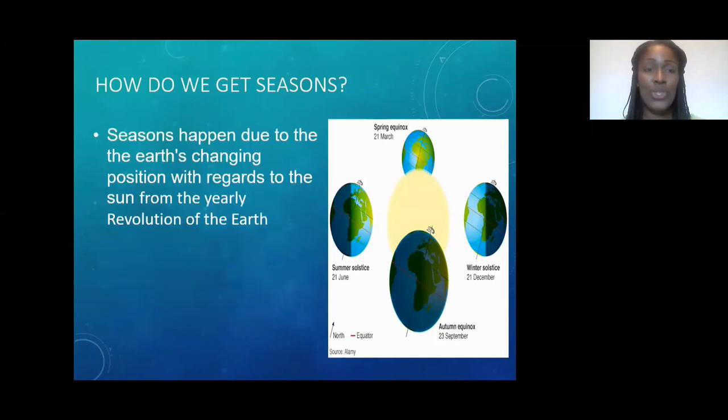Seasons happen due to the Earth's transition with regards to the sun from the yearly revolution of the Earth. But something else also causes it, not only the revolution. The tilting of the Earth's axis at 23.5 degrees also helps. So the 2 reasons we get seasons are revolution and the tilting of the Earth's axis.